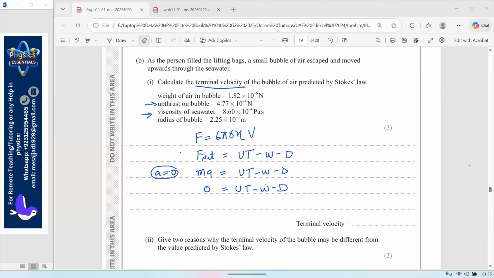So from here, upthrust equals weight plus drag, and upthrust minus weight equals 6 pi r eta v.